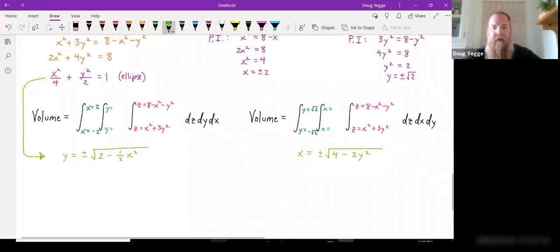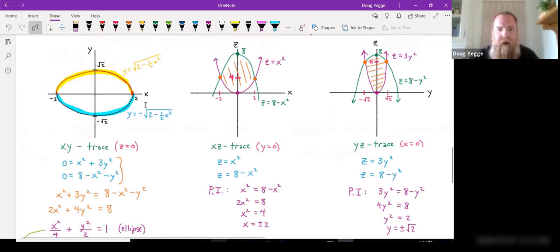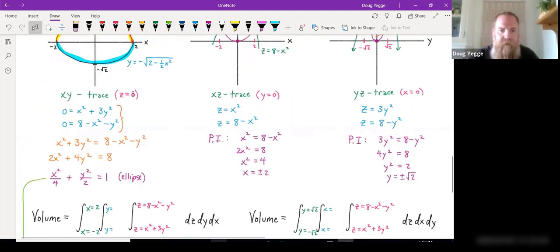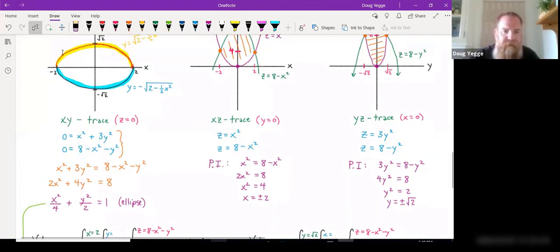So you can now tell that from the equation in terms of x and y, we're going to be able to solve for y in terms of x, and we're going to be able to solve for x in terms of y. And so now if we look at it in terms of y in terms of x, the blue is on the bottom, the yellow is on the top. But now if you're looking at it in terms of x in terms of y, now we would see that the x is on the left, while this x would be on the right.